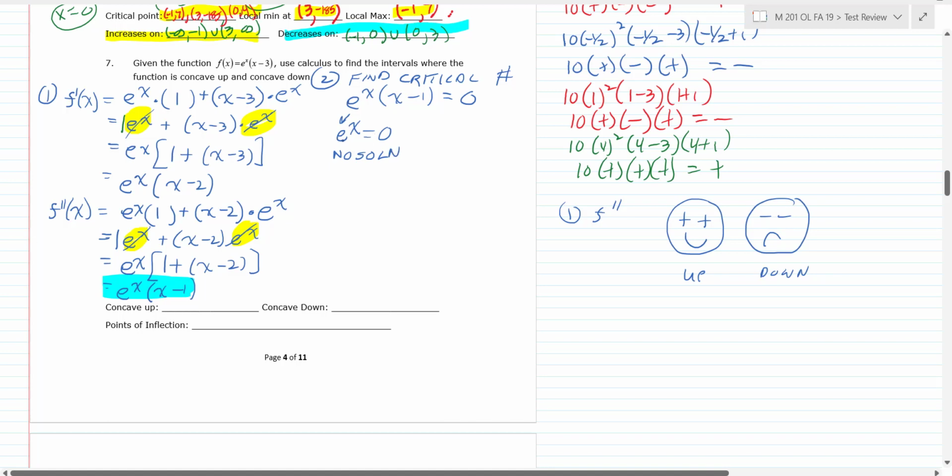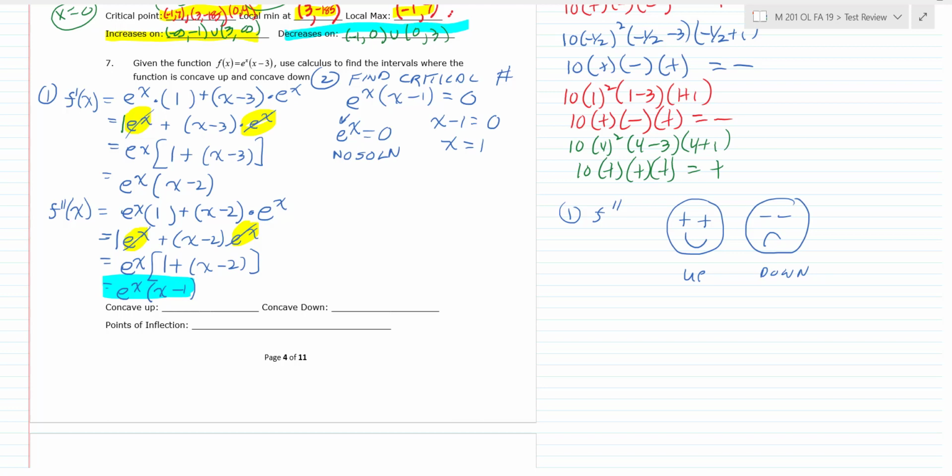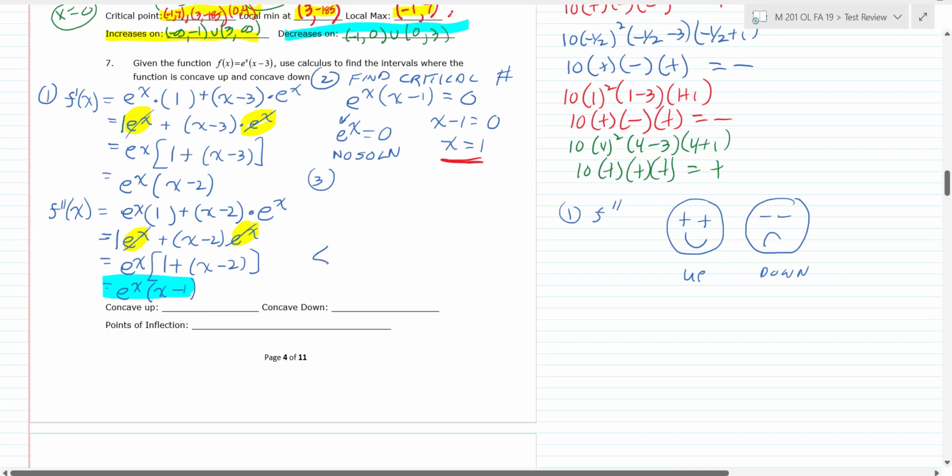It's impossible. And e is just a constant, so you're never going to take 2.72, approximately what e is, raise it to a power and get 0. It can't happen. Then we have x minus 1 equals 0, and that will leave us with x equals 1. Okay, so that is our critical value. We only have one.